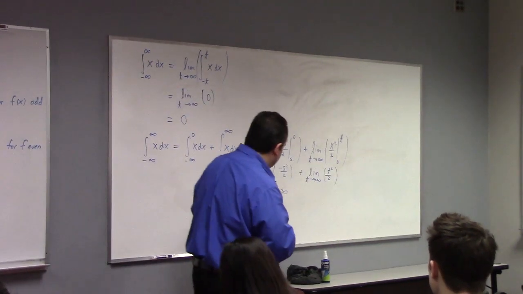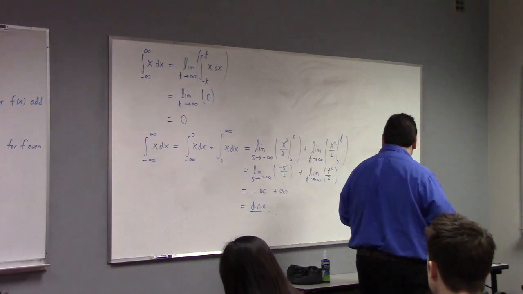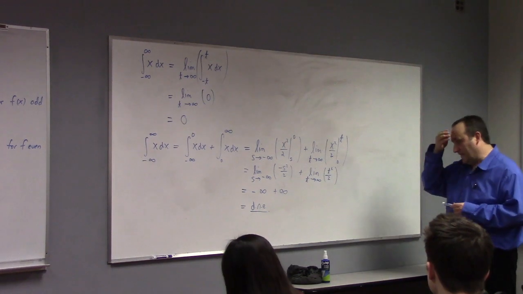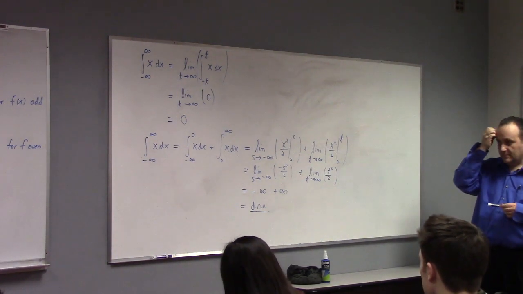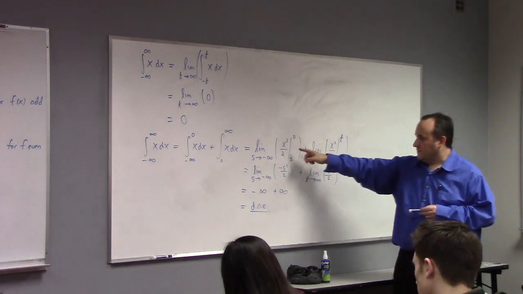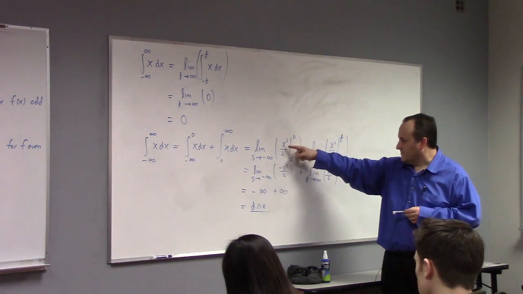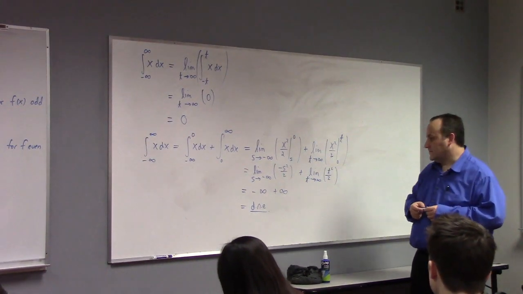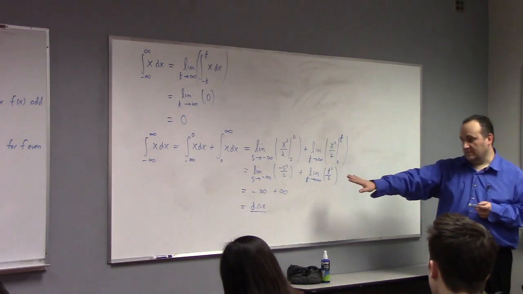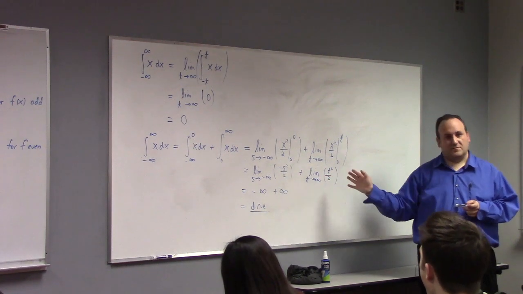But the negative's outside the square. So it's not inside the square, because it's the lower bound. So we do 0 squared over 2 minus s squared over 2. It's just that.